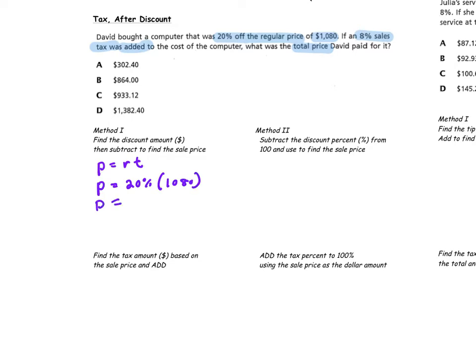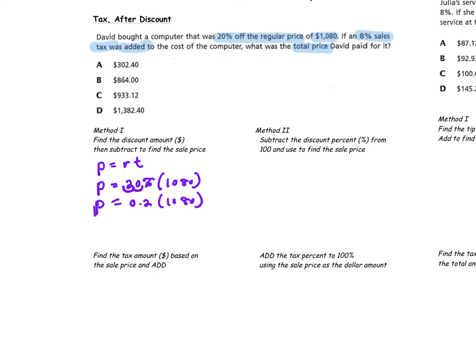Remember, we can't multiply yet because we have percent, which is in the wrong family of numbers. So we're going to change it by scooping the decimal or dividing by 100. And we're going to get 0.20 times 1,080.